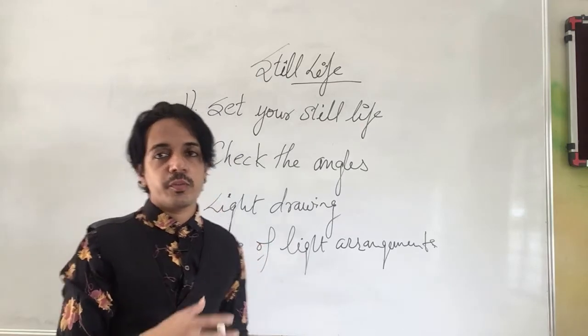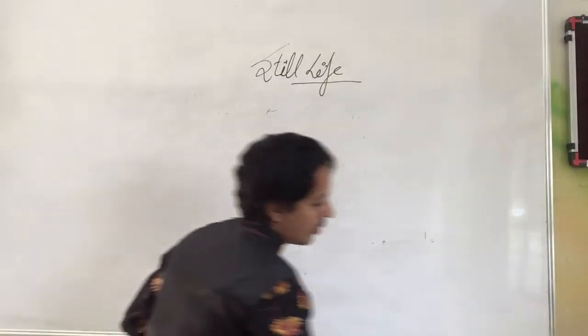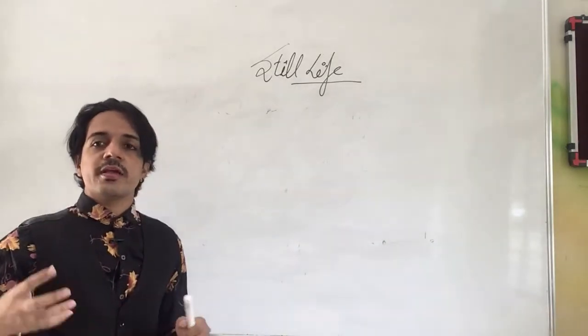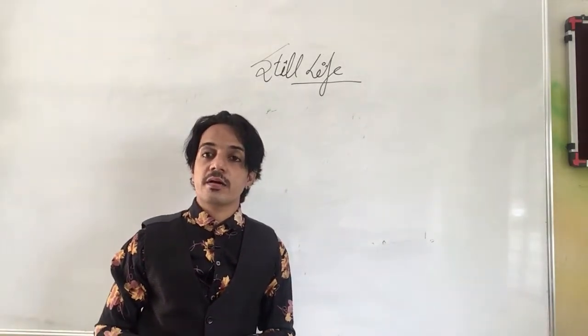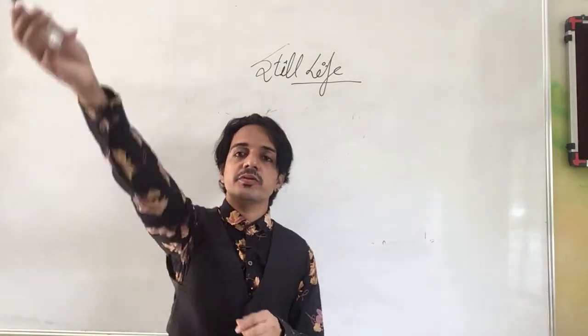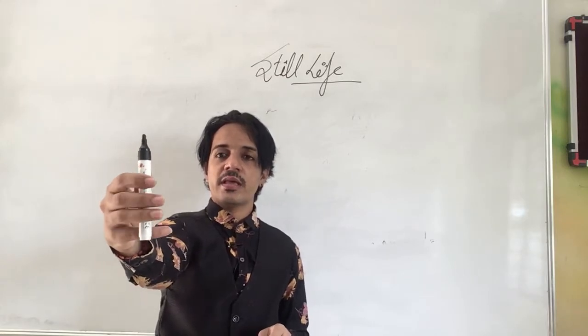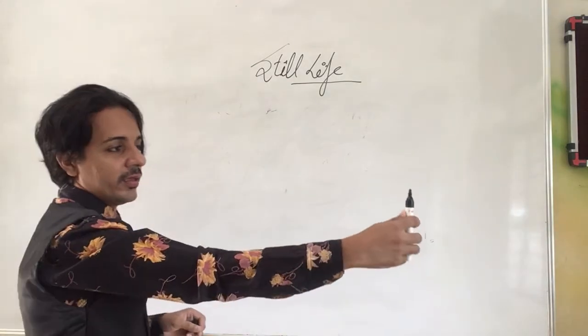Now what are the things which come in the still life? Let's see them. After taking the paper, you have to take the measurement very properly. While taking the measurement, you have to keep your hand straight like this.